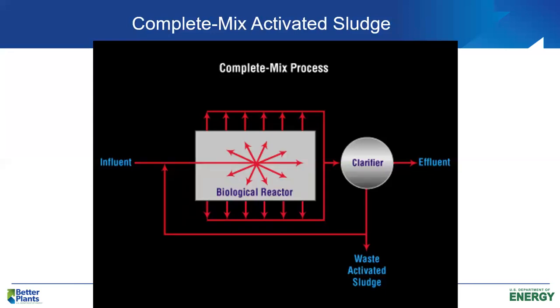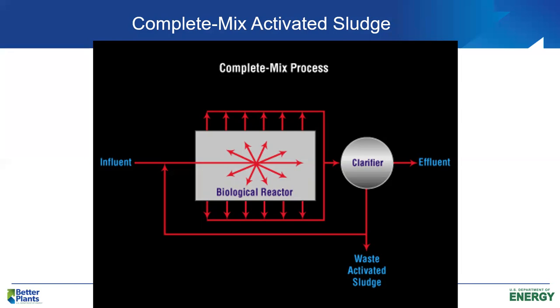And the way it does that is we bring the influent in at multiple inlet points, and then we take the effluent from the reactor at multiple points. And that's about the only way we can achieve a completely mixed process. So we have multiple inlet points, multiple exit points of the mixed liquor.